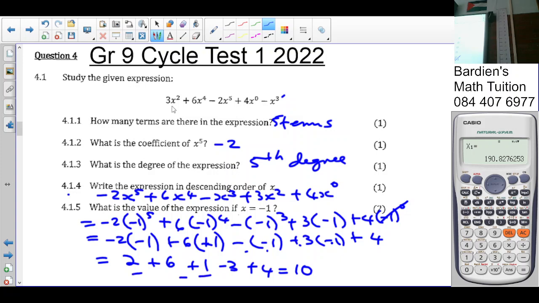That's 8, 9, 6, 10. That is negative to positive 2, positive 6, plus 1, minus 3, plus 4. That is 10. Why am I getting 10?